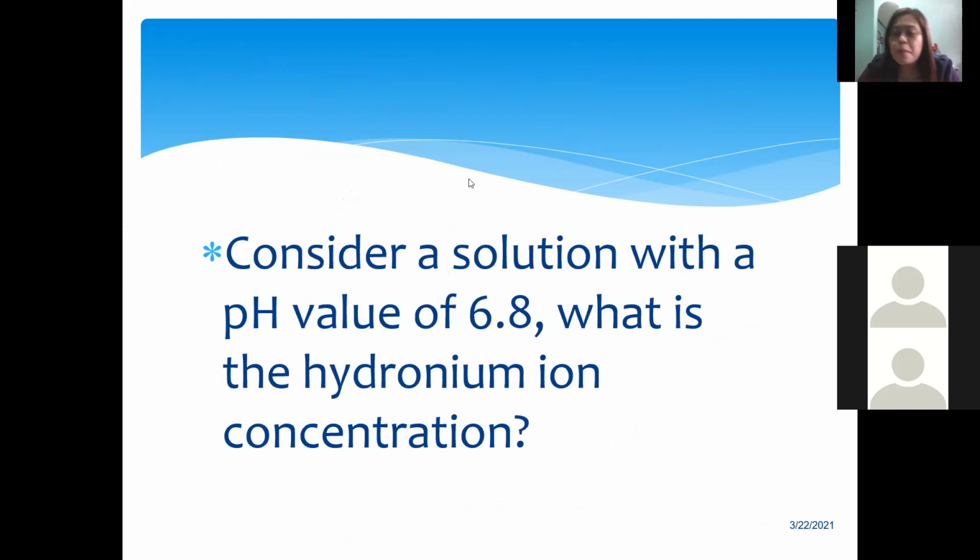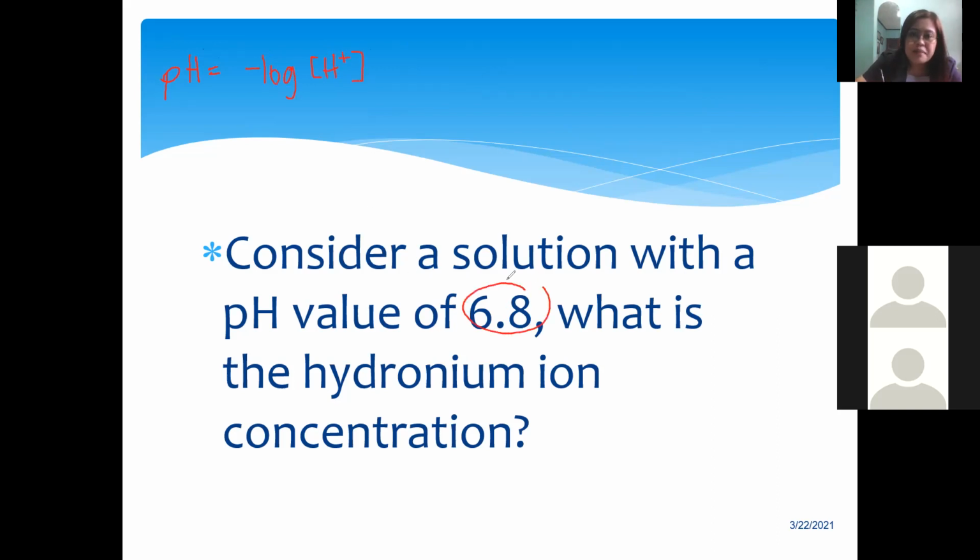Now, there are also problems, class, na baliktad. Like this one, consider a solution with a pH value of 6.8. So what is the hydronium ion concentration? Baliktad siya. Bakit siya baliktad? Kasi given yung pH, and then all you have to do is to compute for the H. So the same formula, pH is equal to the negative log of H plus.